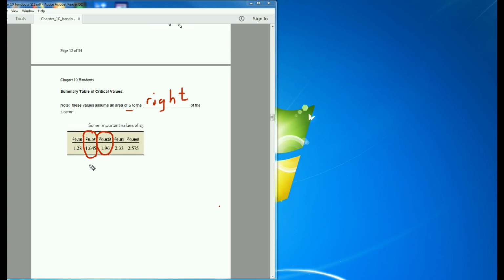If it's a left-tailed test, like we just looked at with 5% significance, then the critical value is not 1.645, it's negative 1.645. So you can certainly refer to these numbers, but you have to know whether it should be positive or negative.